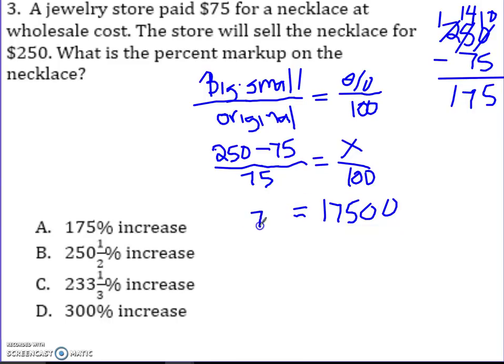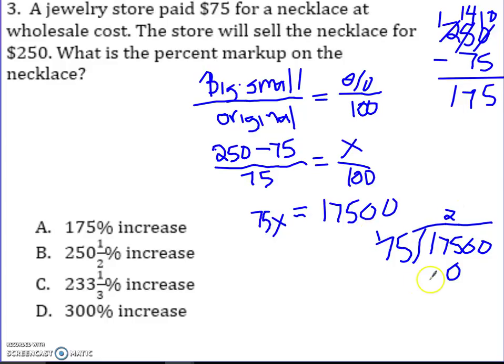Now we have to divide by 75. So 17500 divided by 75. It can go in there 2 times. 2 times 5 is 10. 2 times 7 is 14. Plus 1 is 15. I subtract. I get 250. We're going to go in there 3 times. 3 times 5 is 15. 3 times 7 is 21. Plus 1 is 22.